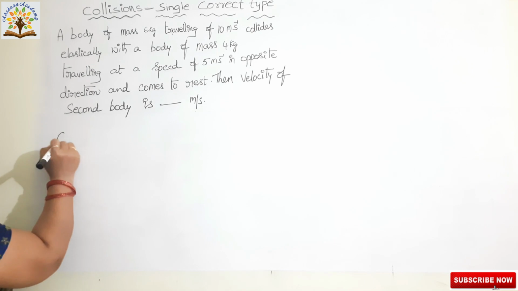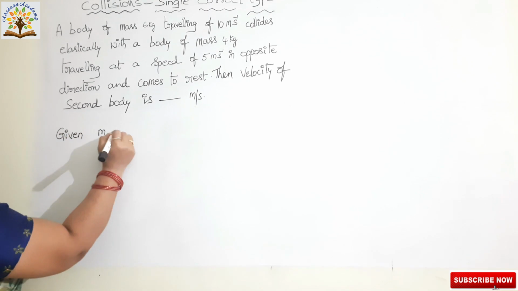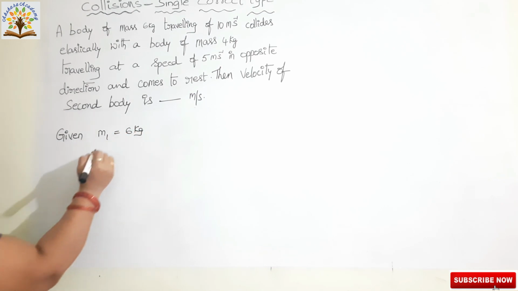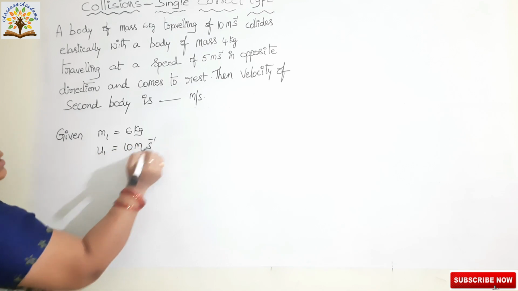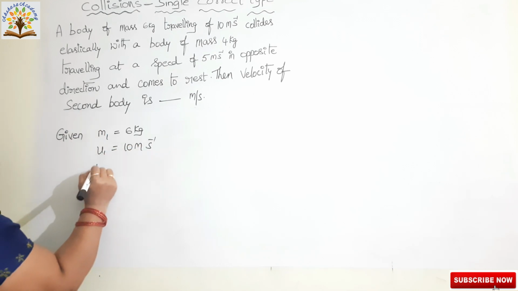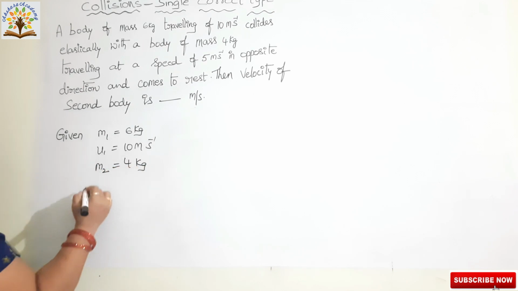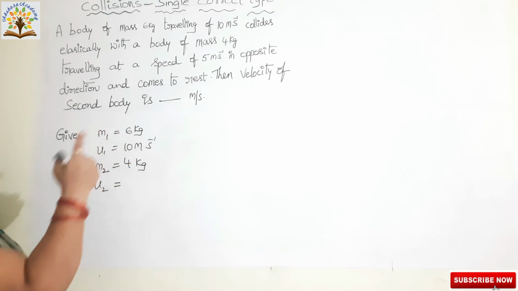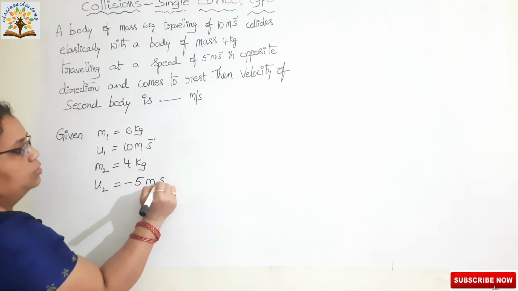Now given: m1 is 6 kg, u1 is 10 meters per second, m2 is 4 kg, u2 is 5 meters per second, but it is in the opposite direction, so we should write minus 5.